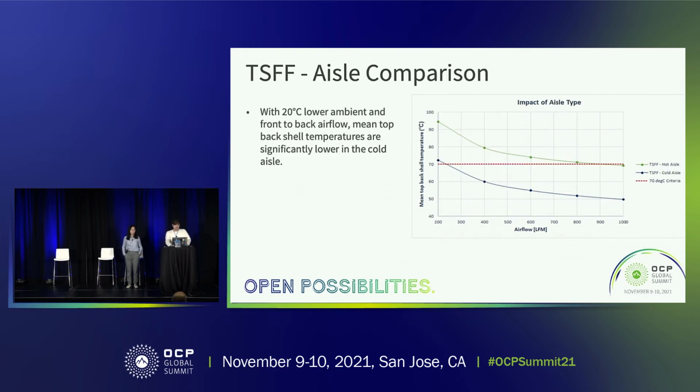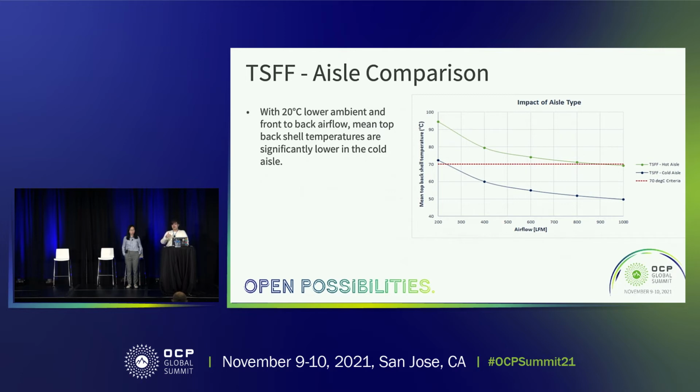The other variable that we investigated for this study was the comparison in aisle for the TSFF. As we talked about earlier, for this study, we are looking at both the hot aisle versus the cold aisle. Based on the thermal results that we see right now, the 20 degrees C lower ambient that we have with the cold aisle translates very well to the I/O performance as well.